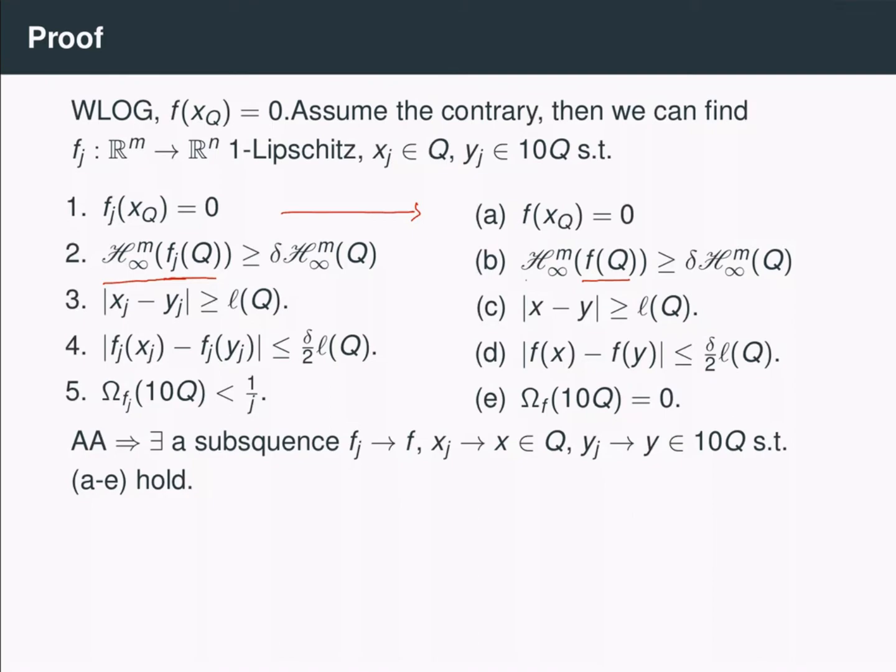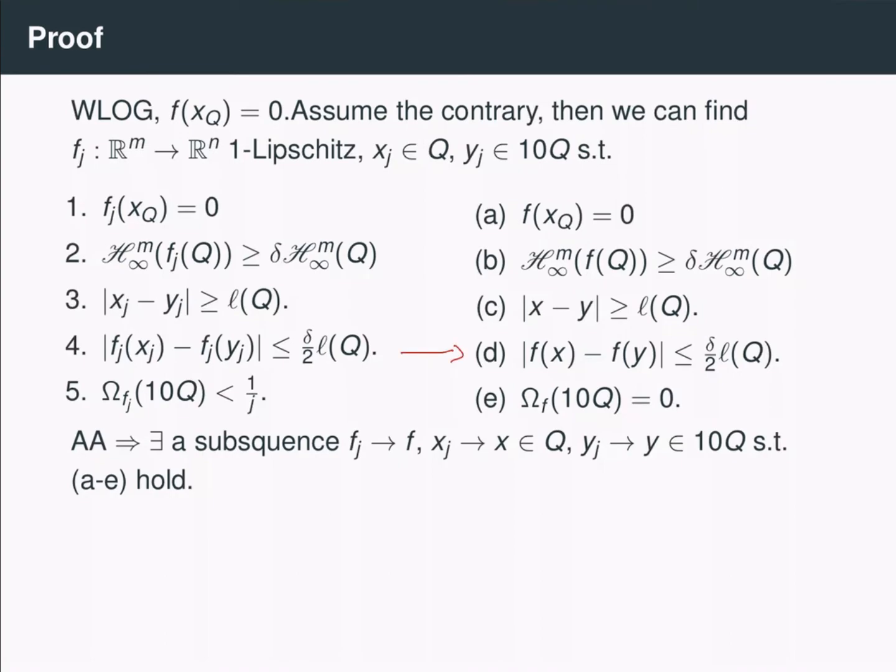So that means that the Hausdorff content of f of q is at least the lim sup of the Hausdorff contents of the fj of q's, and that's at least delta times the content of q. So that proves B. Similarly, because the xj's and yj's converge, 3 implies C. And similarly, we have that 4 implies D.